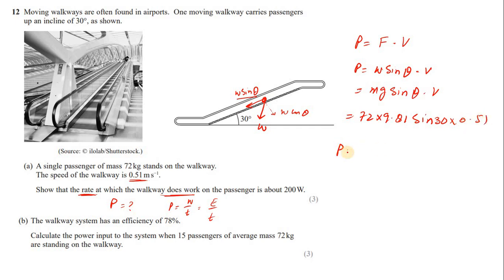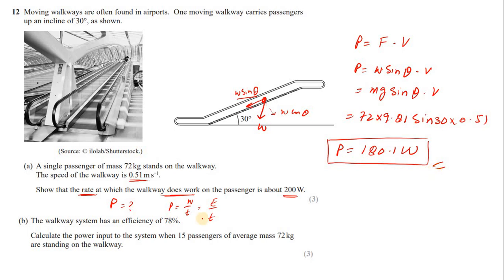The power or the rate of work will be 180.1 watts, which is approximately 200. This is the power, or the rate of work done by the walkway on one person.